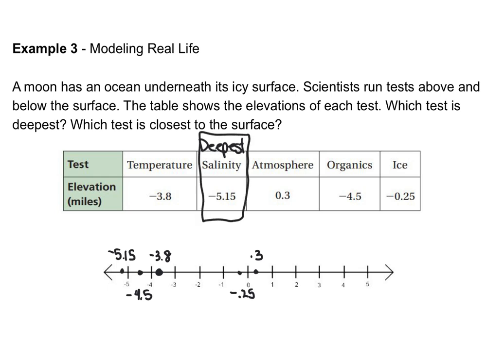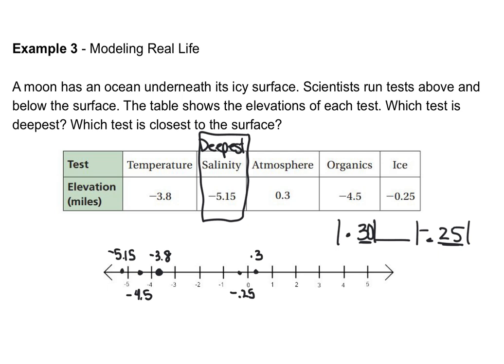But now for which one is closest to the surface, what we need to do is determine the absolute value. So we're going to compare the absolute value of 0.3 to -0.25. And in order to do this, we're going to want to add a 0 in because now we're comparing 2 digits of decimal to 2 digits of decimal.